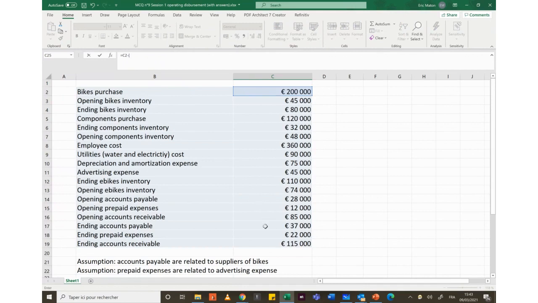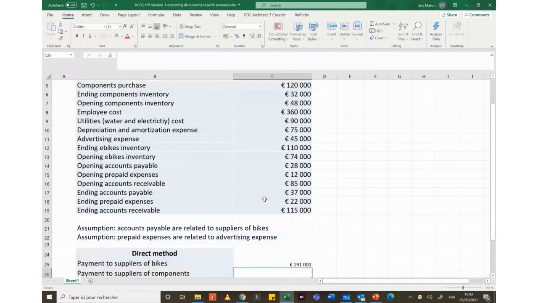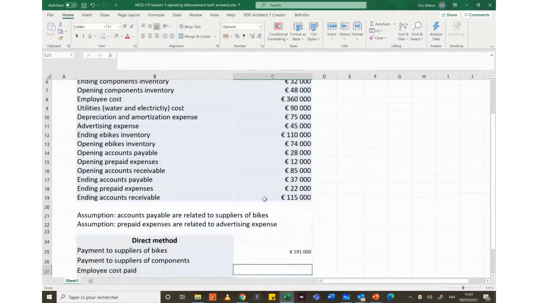So if I increase the accounts payable, here I increase by 9,000, is because I don't pay a portion of what I purchase. So what I pay is the rest. So here minus the increase in accounts payable. So what I pay is 191,000.